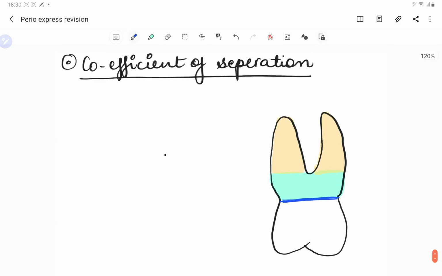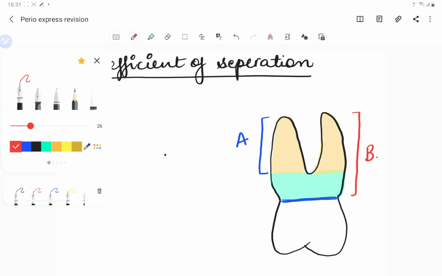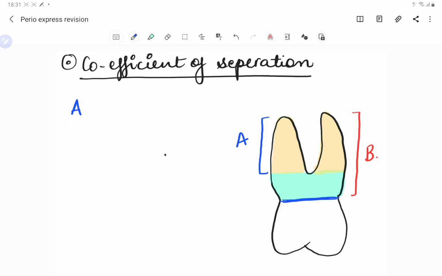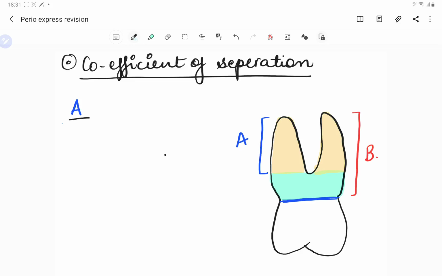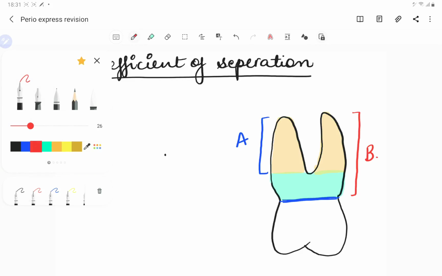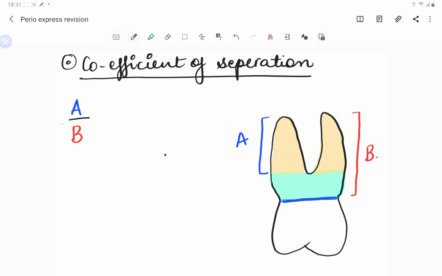Then the next one is the coefficient of separation, which is very easy to understand. In the numerator, we take the length of the root cone, let's mark it A, and in the denominator we have the length of the whole root complex, let's mark it B. So the coefficient of separation is A divided by B: the length of the root cone divided by the length of the whole root complex.